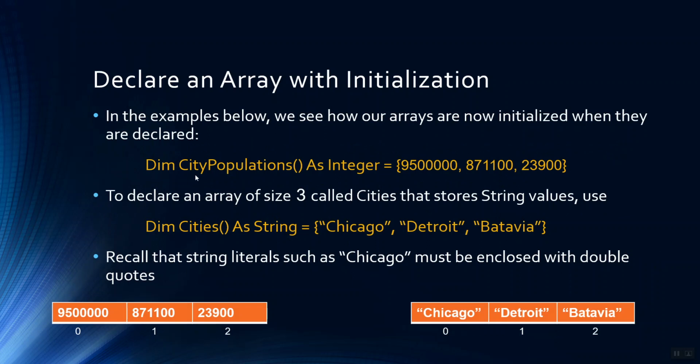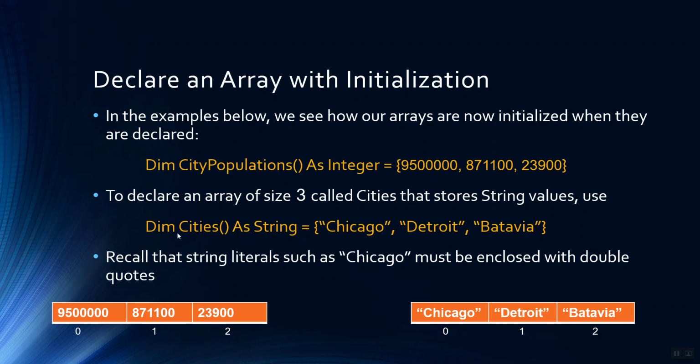Here we're declaring an array called city populations of integers, and we provide for it a comma delimited list of 3 values used to initialize this array. So it uses this list to figure out how large to make the array. And since there's 3 data items in the list, down here on the left, you're looking at the array that would be created from that statement. Creates the array of size 3 and initializes it with the integer values.